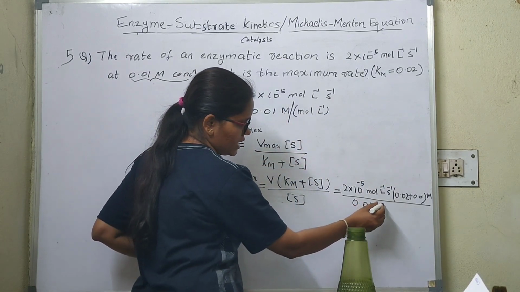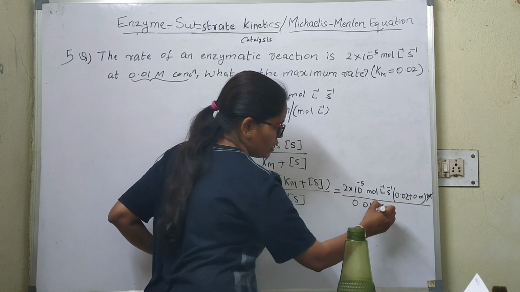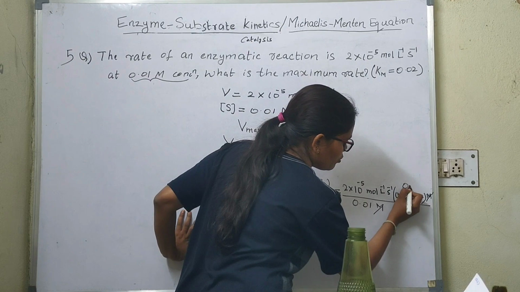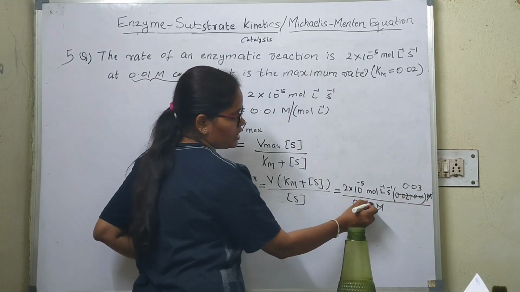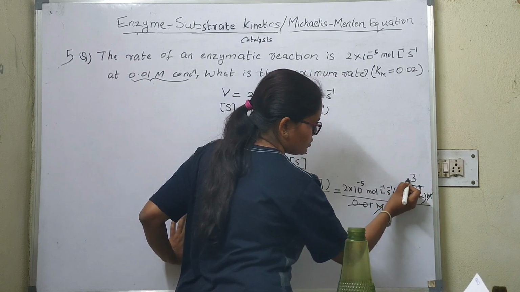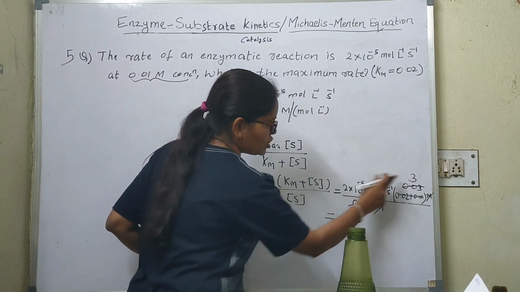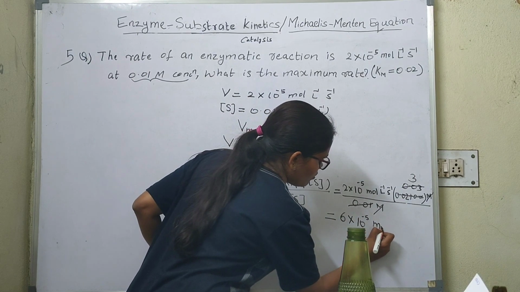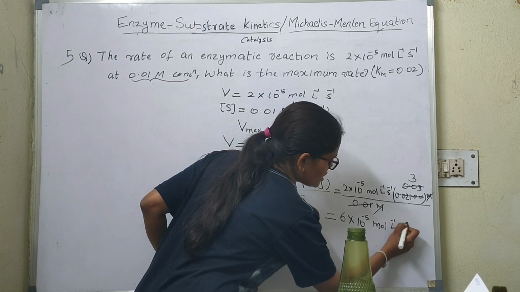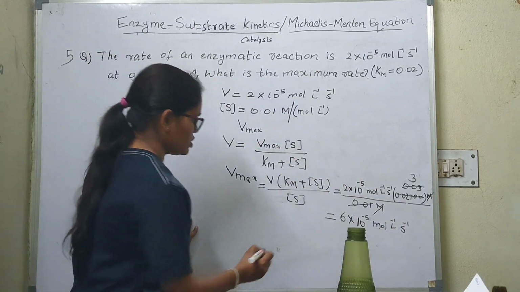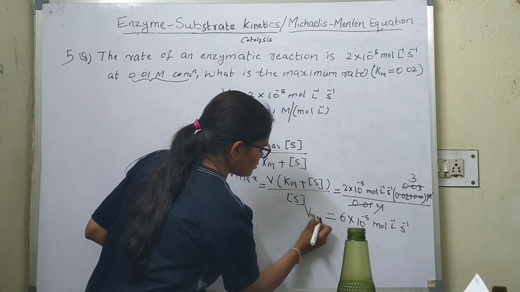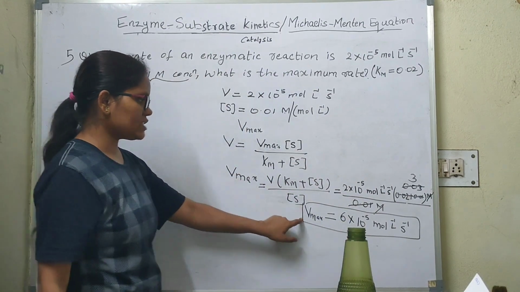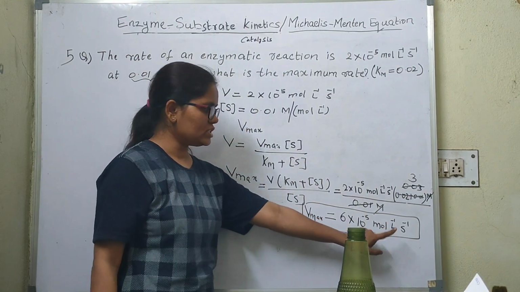I can cancel the unit of molar, and here 0.02 plus 0.01 gives you 0.03. I can cancel this, so this becomes 3 times. Now what I have is 2 into 3, 6 into 10 power minus 5 mole liter inverse second inverse. So this is the value of the maximum rate: 6 into 10 power minus 5 mole liter inverse second inverse.